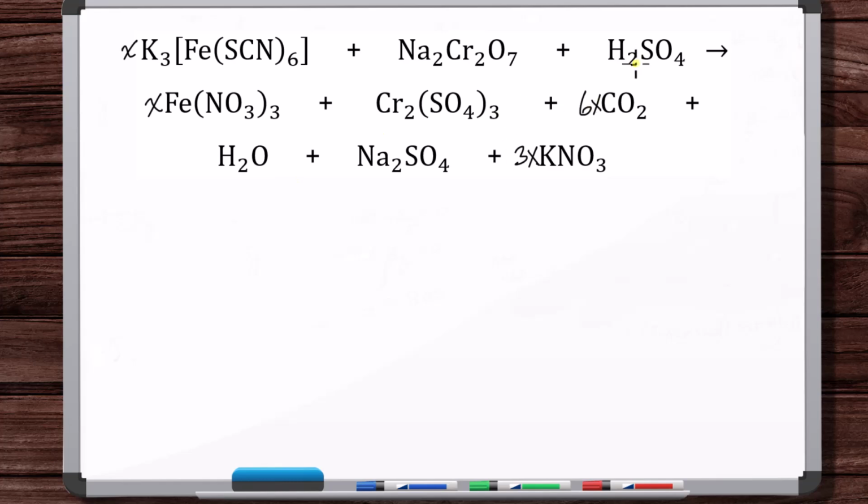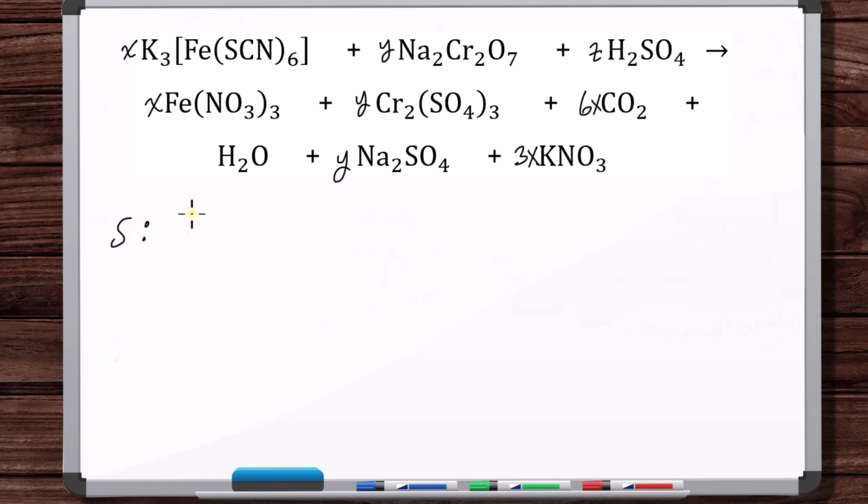Okay, now let's see. For the chromiums to balance, these two coefficients are going to have to be the same. And then for the sodiums to balance, all these need to be the same coefficients for the sodiums and the chromiums to balance. Okay. Now, if this is Z, let's balance the sulfurs.